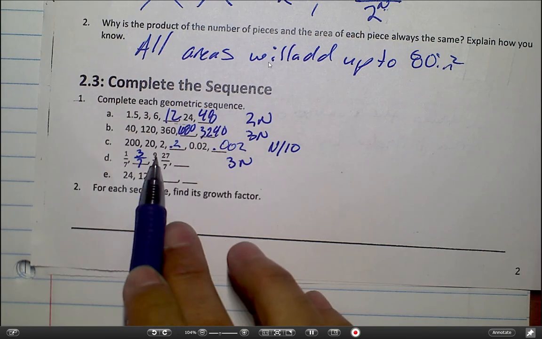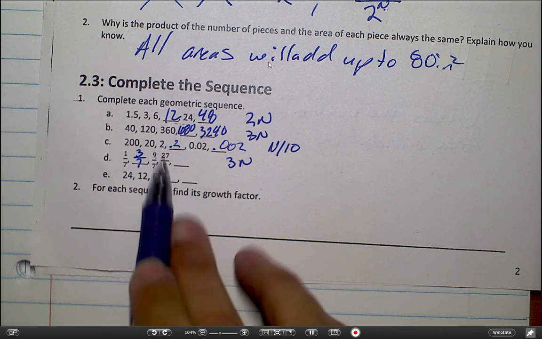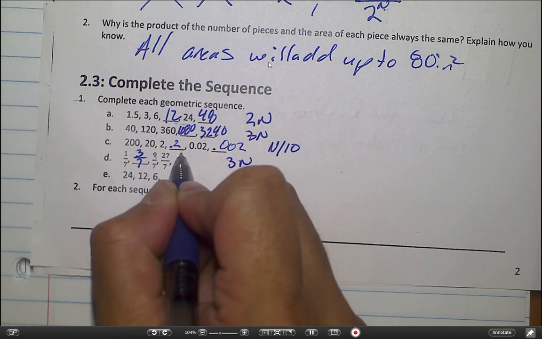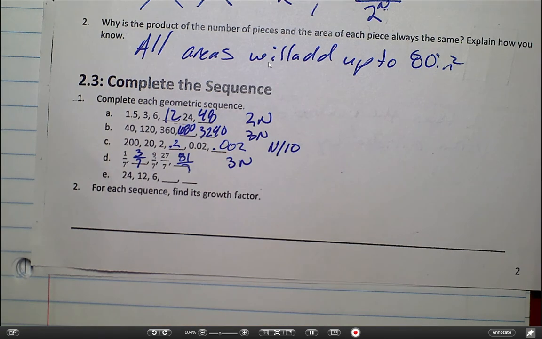And then 3 times 3 is 9, right? 9 times 3 is 27. And then 27 times 3 is? Try again. 81 over 7. So 27 times 3 is 81.